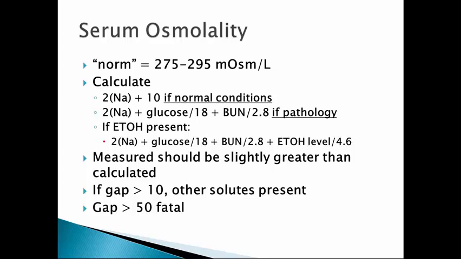Now, there is something called an osmol gap, and that is the difference between the calculated and the measured osmolality. So when you know what osmoles are there in your calculation, and you subtract that from the measured osmolality, if it's greater than 10, then there are other solutes there that you're not aware of.